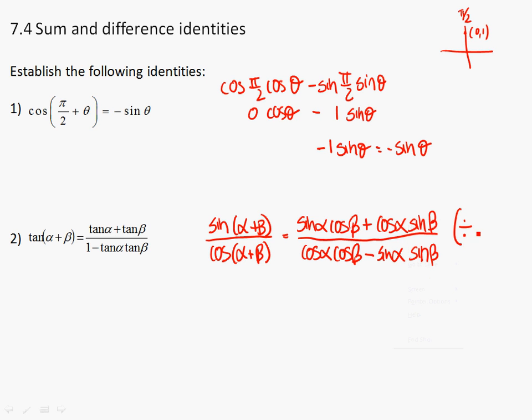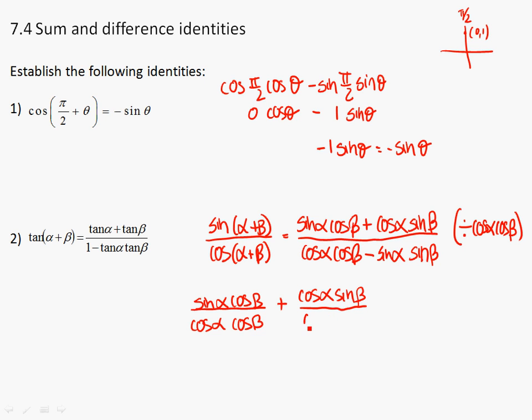I'm going to divide by this thing. And before you ask me why, I'd then say, well, just wait a moment, because this is just one of these tricks that hopefully you learn along the way. What happens when I do this? Well, I'm going to get sine alpha cosine beta divided by cosine alpha cosine beta, plus the cosine of alpha and then the sine of beta divided by cosine alpha cosine beta, and then you do all of this in the denominator as well.